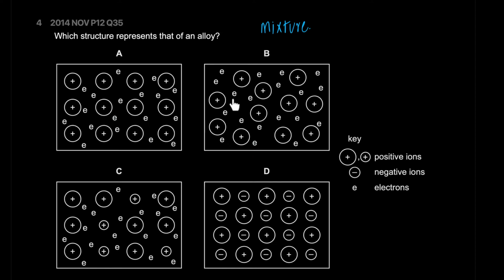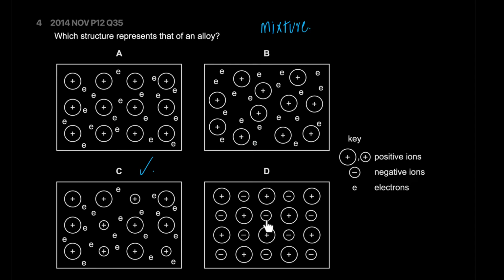Over here again it looks like a single metal because it seems to be a molten version of A, randomly arranged, but I don't see any other ion. Over here I do see 2 different metals. This one's very tiny, so people might think it's a proton for some reason, but protons don't exist just willy-nilly. So this is our best bet, and our answer is C.